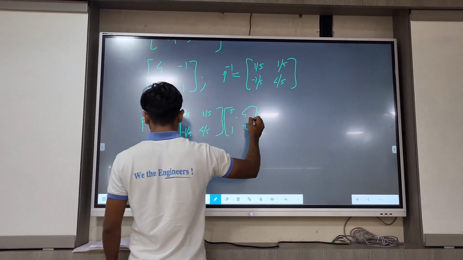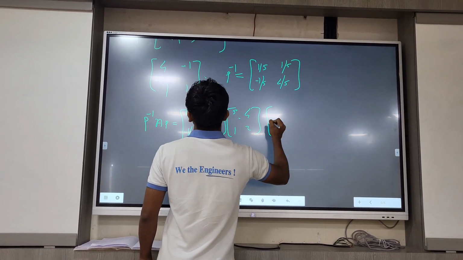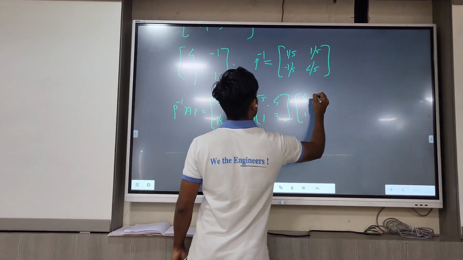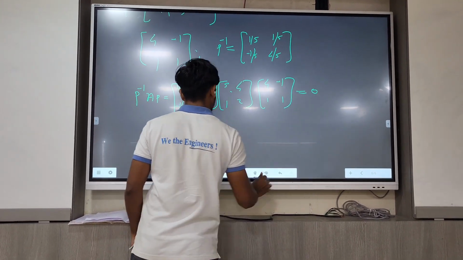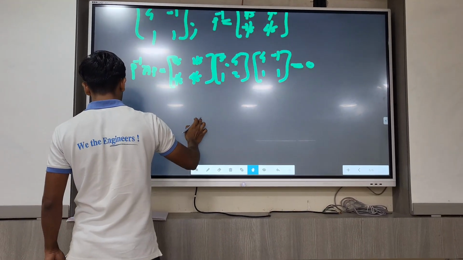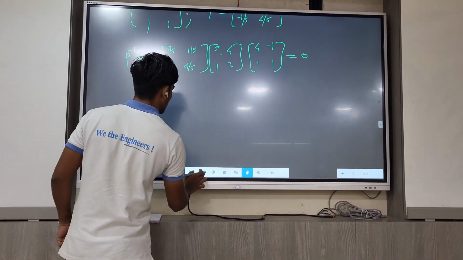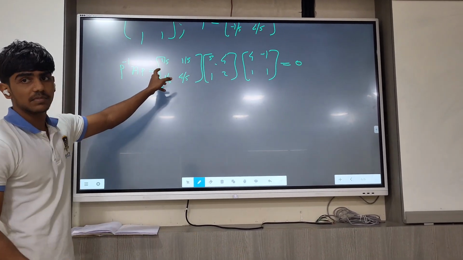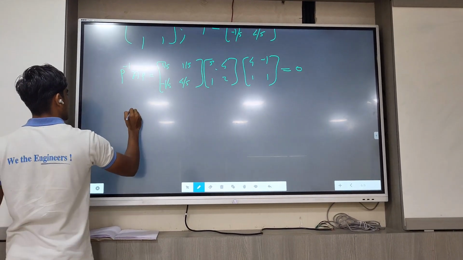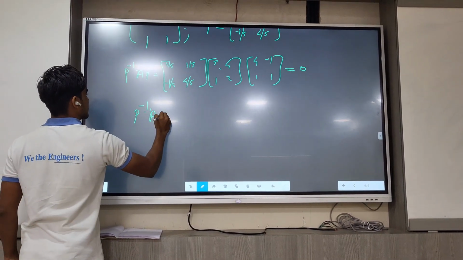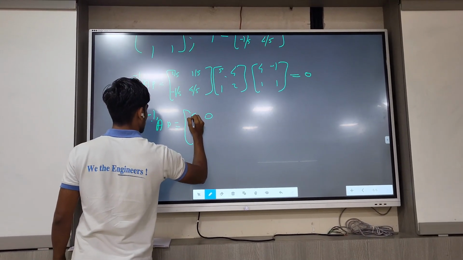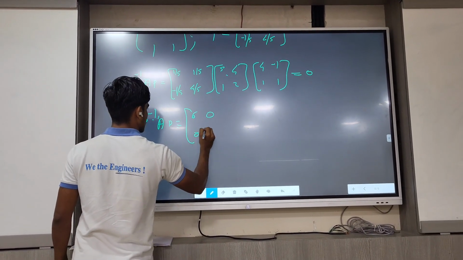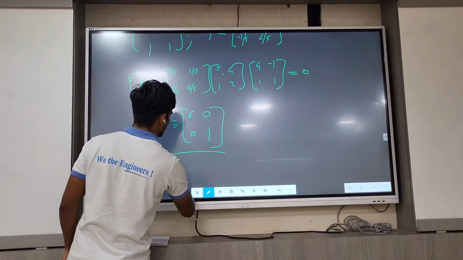And what is P? 4, 1, minus 1, 1. So after multiplying all this, we get P inverse A P is equal to 6, 0, 0, 1. This is our final answer.